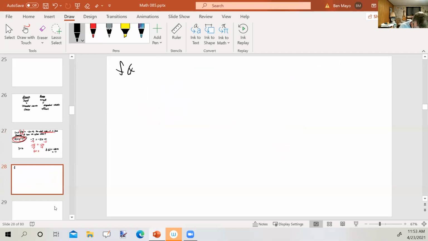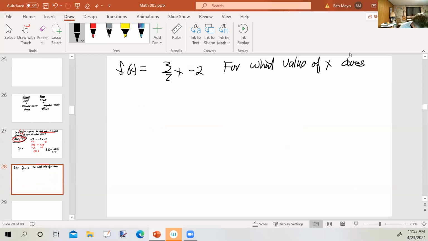Let f of x equal 3/2 x minus 2. For what value of x does function f have the given value?